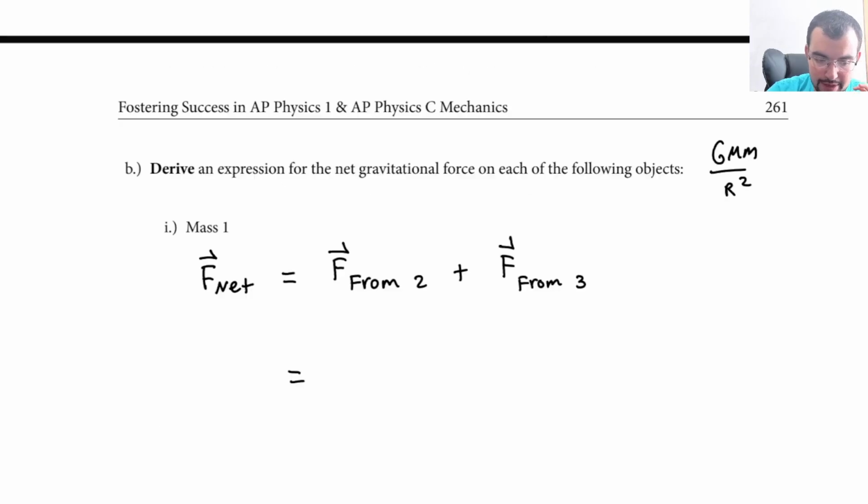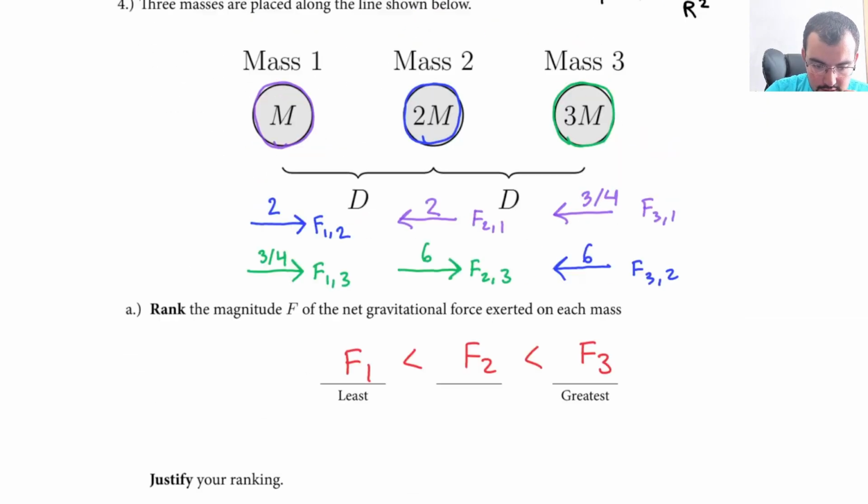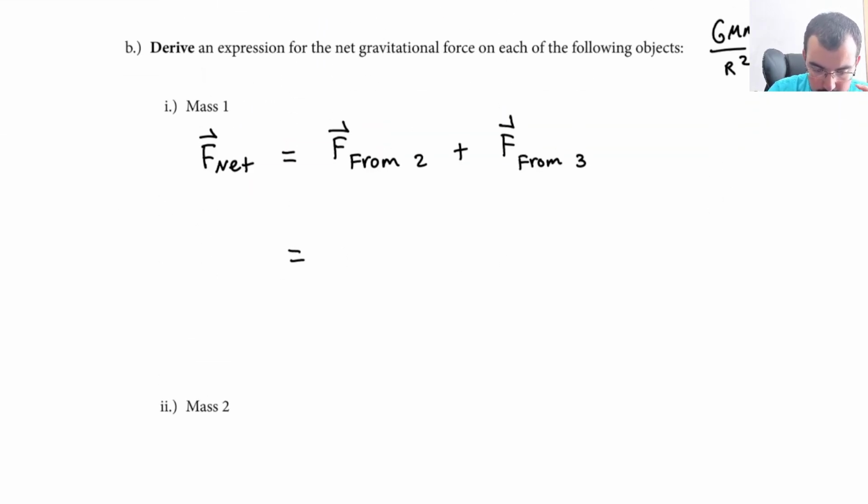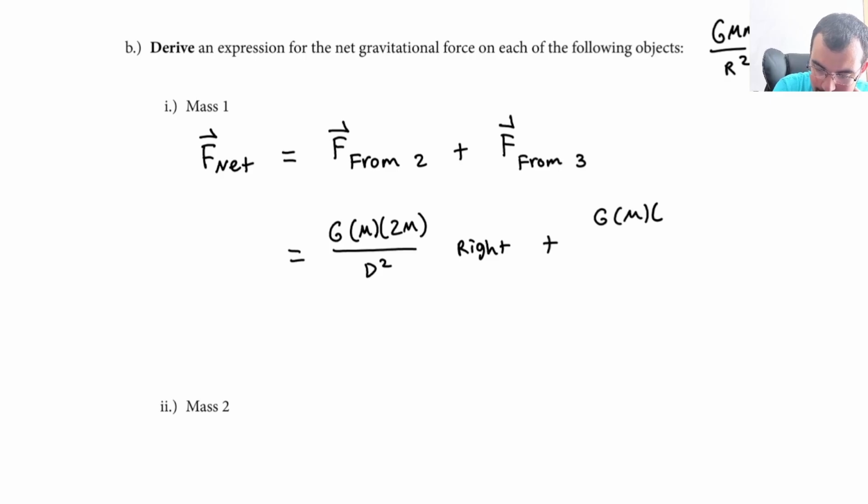So the force from mass 2, you see we get G times M times 2M divided by D squared, and this was right, plus G times M times 3M divided by 2D quantity squared, which is also right.